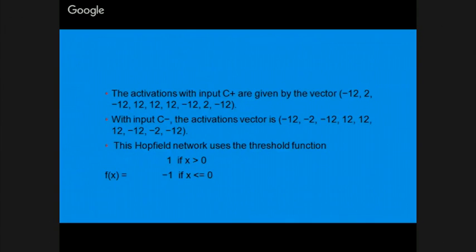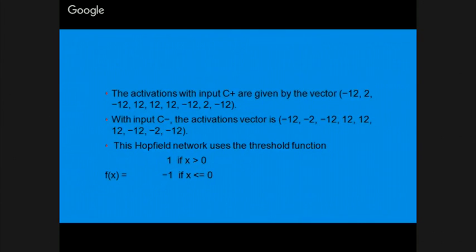If these are the activations, and we use the threshold function, which is given as f(x) is 1 if x is greater than 0, and -1 if x is less than or equal to 0. That means if x is 0, the output will be -1. So what would be the output vector if the input pattern is C plus?